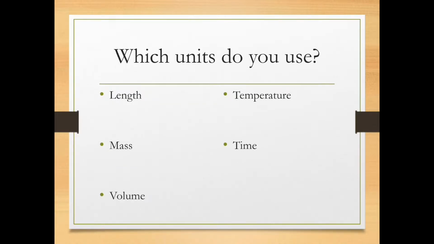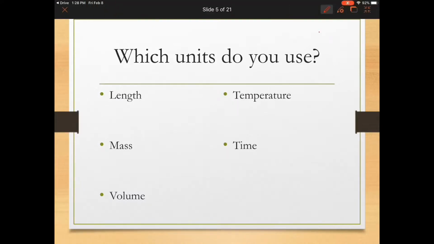So I just wanted to take a minute for you to think about, which units do you use in your daily life? For length, typically we use units like feet, yards, or inches. And with the metric system, it's meters and centimeters typically.